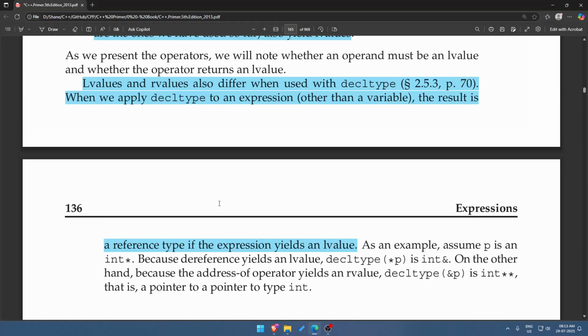As an example, assume p is an int pointer. Because dereference yields an L value, decltype of *p is int reference. On the other hand, because the address-of operator yields an R value, the result is a pointer to the type.